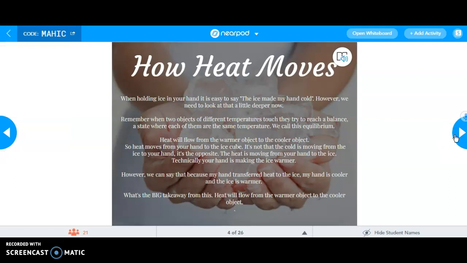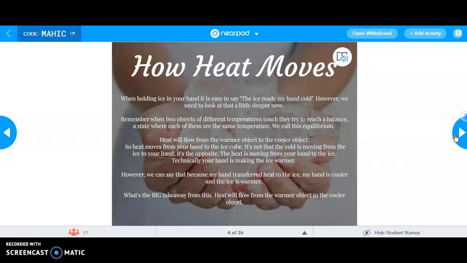So again, we just talked about this in class, but when you're holding ice in your hand, it is pretty easy to say, man, this ice is making my hand cold. It's true, but it's not because of what you're thinking. The cold is not moving into your hand. It's because the heat is moving out of your body into the ice that you start to feel cold, because you're losing your heat energy. That's two objects of different temperatures, right?